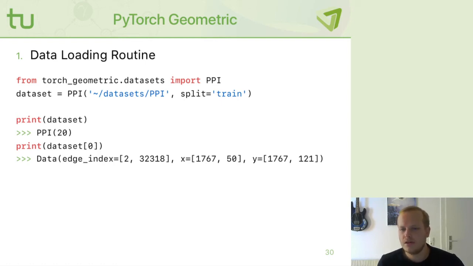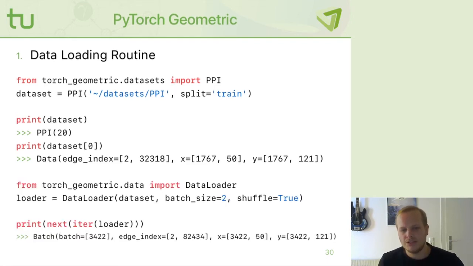And we can see that the graph comes with a node feature matrix X and ground truth labels for each of its nodes. So here the first graph holds the information of around 1,700 nodes, and each node has a 50-dimensional node feature vector, and the task is to predict the existence of around 120 labels.